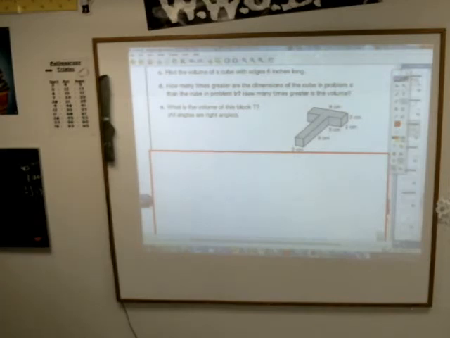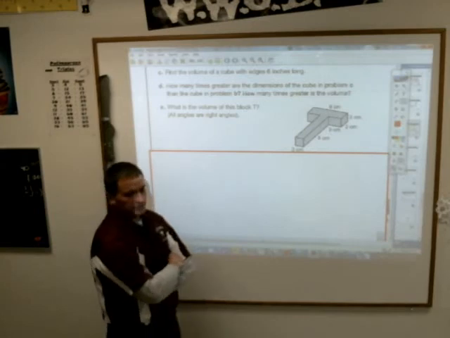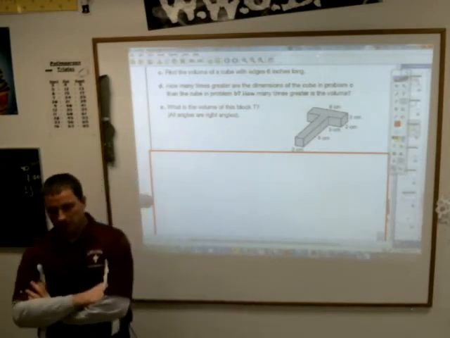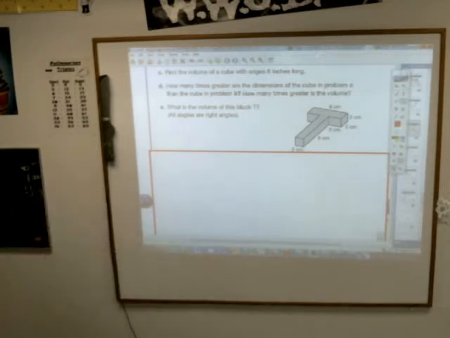If you want to look in your book, problem letter E is there as well if you're struggling seeing some of the stuff there. And give me what the total volume of that shape is. Again, it's in your book if you'd like to look at it. This would actually mean your pencil should be moving.